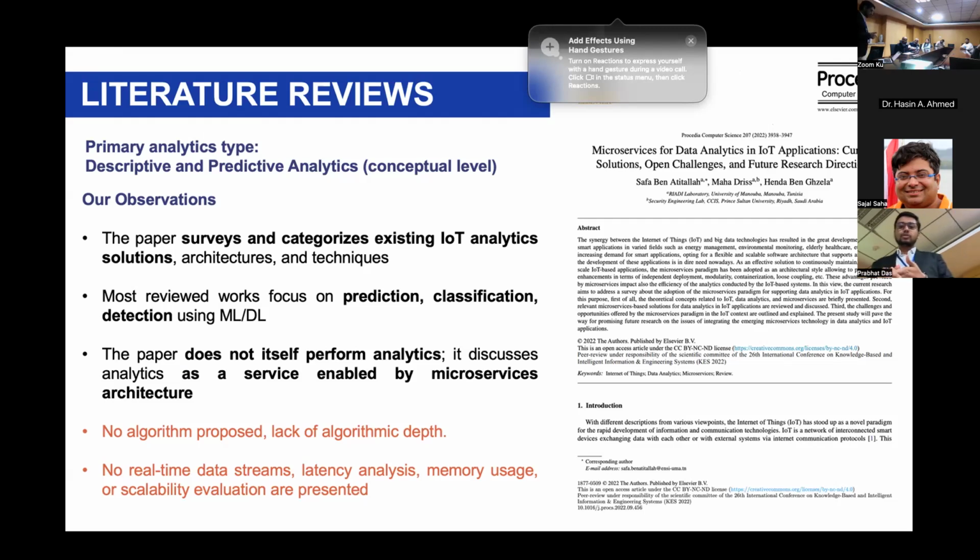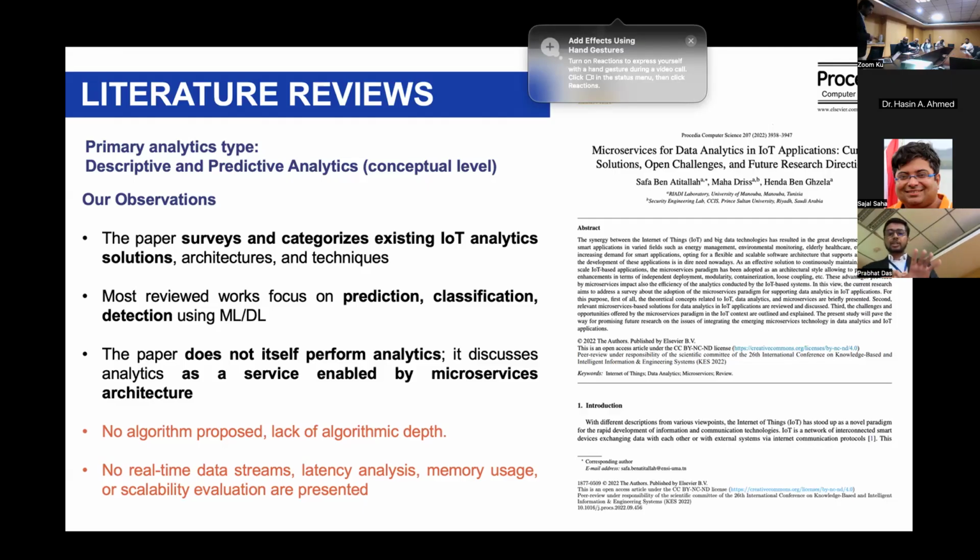Although we went through multiple papers, we cannot present all of them in this presentation, so we are presenting a few of them. To be very specific, 7 of them were presented out of the multiple papers that we have studied.